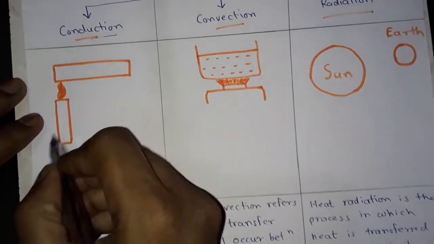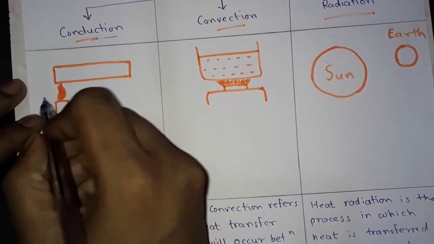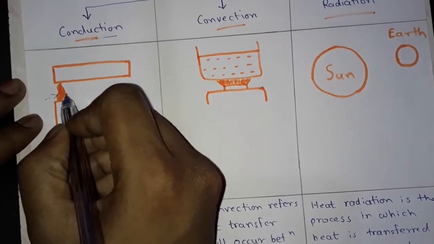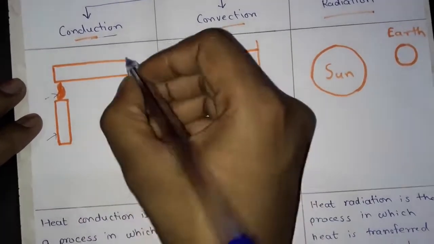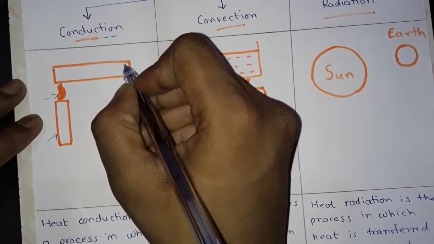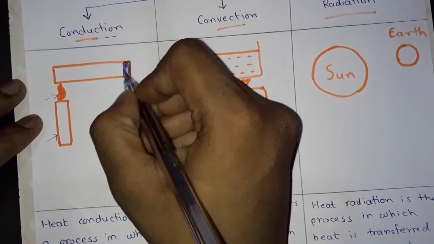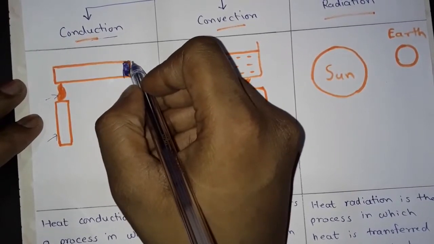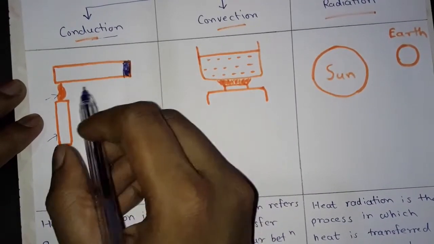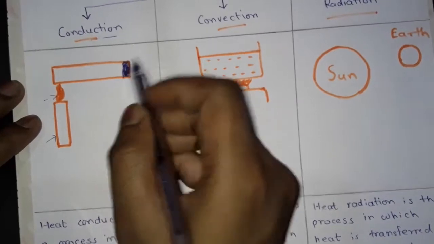Suppose this is our candle and it is burning, here is the flame, and this is our conductor. Suppose we have held this conductor with our bare hand at this point. Initially this conductor is cold, or you can say it has very low temperature.